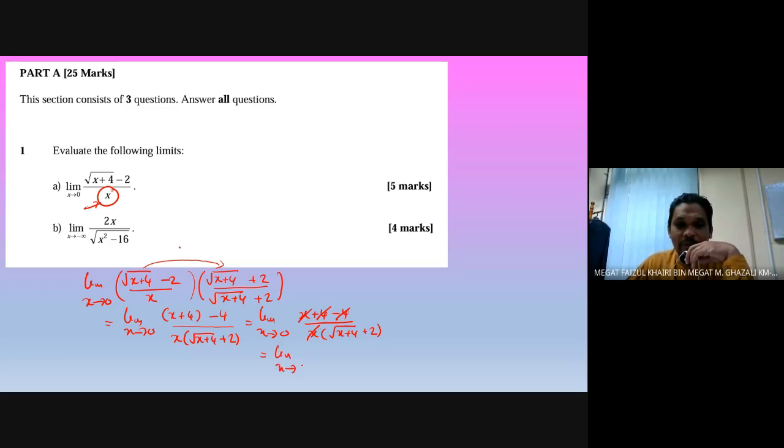Limit of x approaching 0, 1 divided by square root of x plus 4 plus 2. So at this moment, if we directly substitute here, it gives you square root of 4 equal to 2, 1 divided by square root of 2 plus square root of 2 equal to 1 over 2 square root of 2.